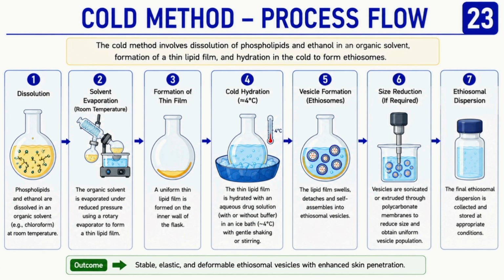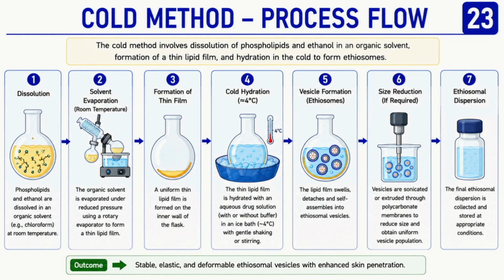The dispersion may subsequently be subjected to sonication or extrusion if further size reduction and homogenization are required here. The final formulation is stored under appropriate conditions. The exact process parameters, including the mixing rate, temperature, addition rate, and composition, must be optimized experimentally here.